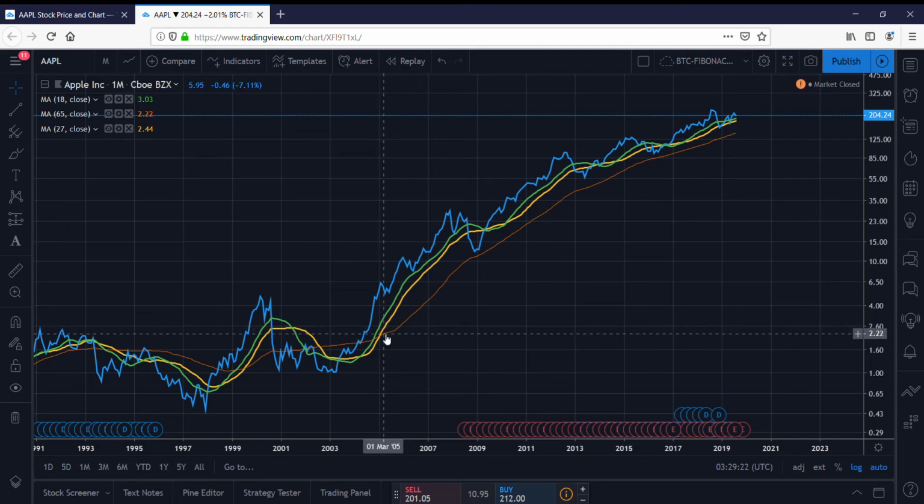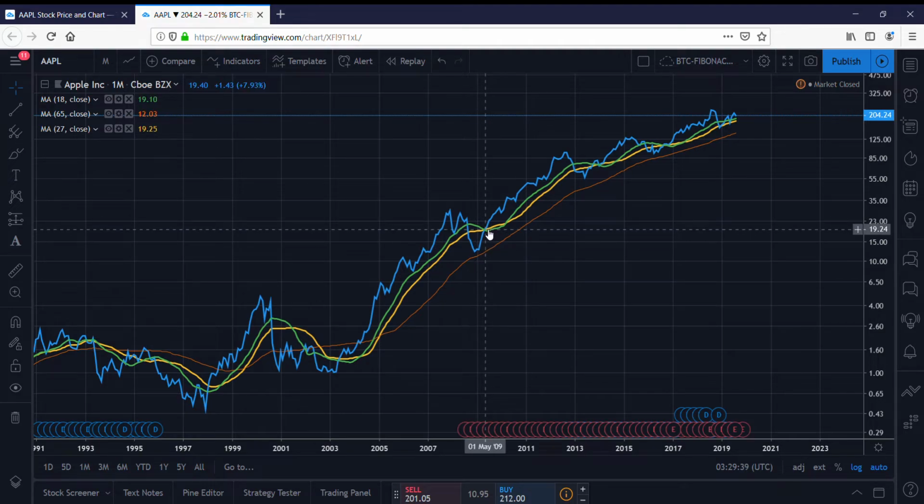You can see it's a huge support here. Like in 2006, it just touched the 18-month moving average, and it went back. Then again it touched, it went back, and once it crosses this, the stock is coming down.